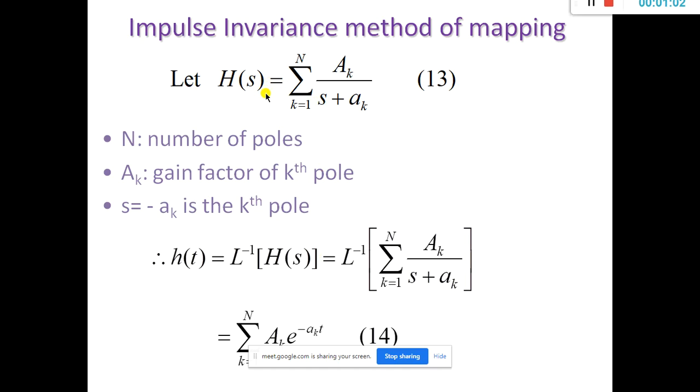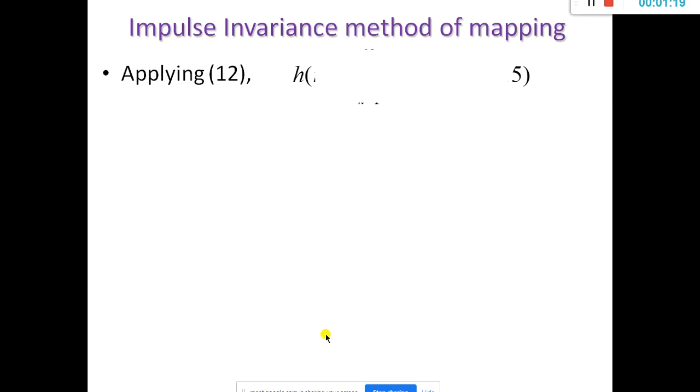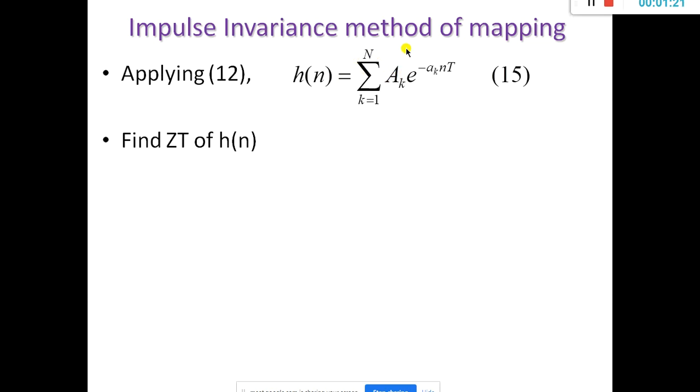And we need to obtain the inverse Laplace transform of this, by which we get the equation h of t, and later on this equation is going to be sampled to obtain h of n. That is h of n is equal to, replacing t by nT.